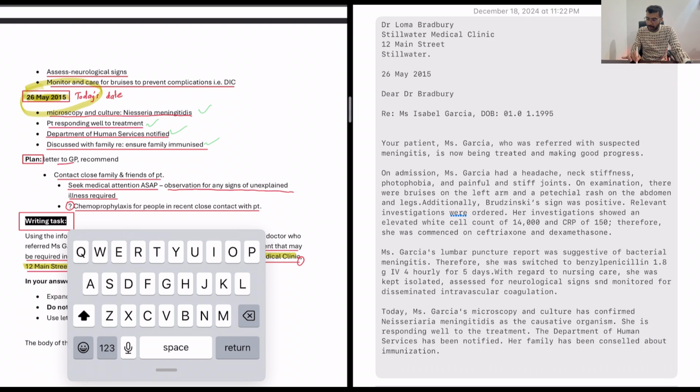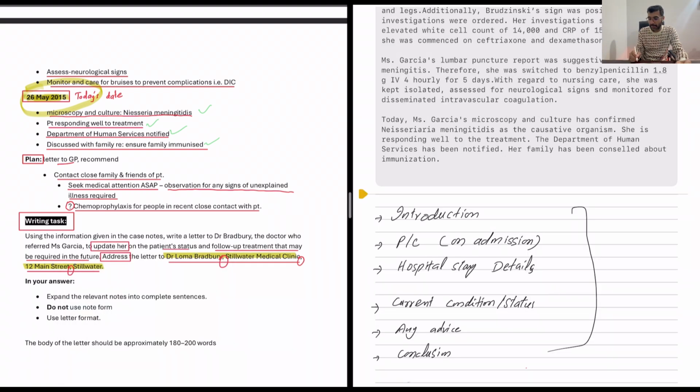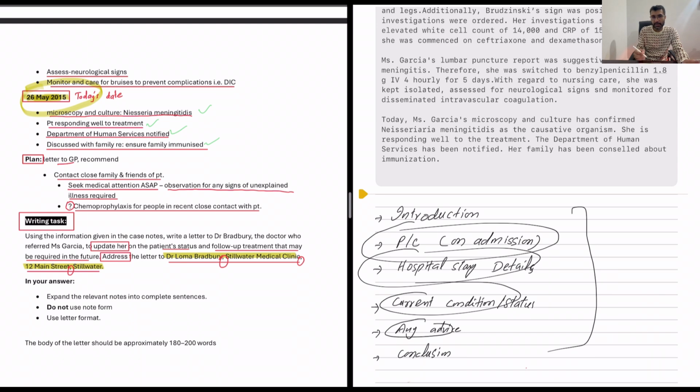She is responding well to the treatment. It is not important to write a separate paragraph for everything, but the order of information should be like this, as this is how it naturally happens when you admit a patient.